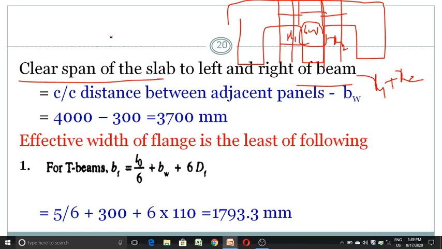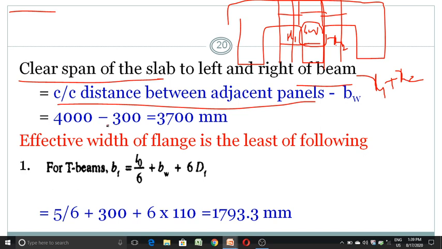The center to center distance of adjacent panels is how much? 4000 mm, with x1 and x2, and we know the center to center distance from here to here includes the web of the beam also. If you deduct the web of the beam, we'll get x1 plus x2, the clear span of the slab to the left and right of the beam.